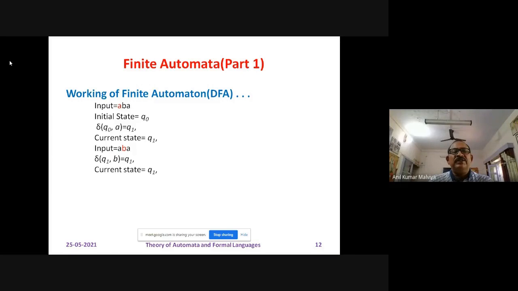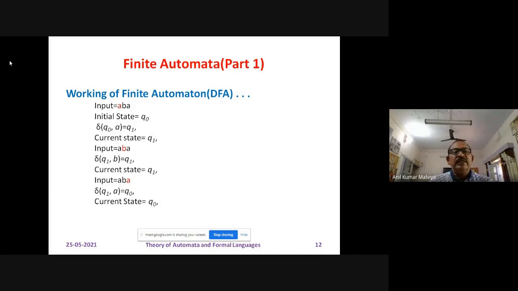Now the tape head moves right and points to A. We have delta Q1 A is Q0, so the machine in state Q1 reading A moves to state Q0. Now the current state is Q0.